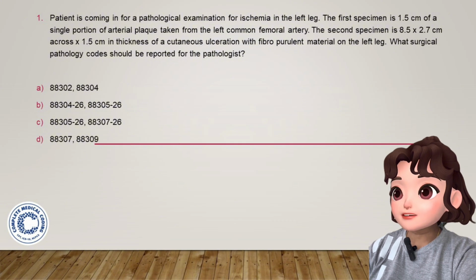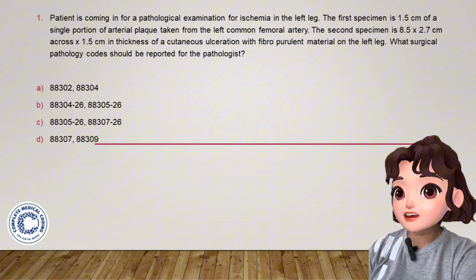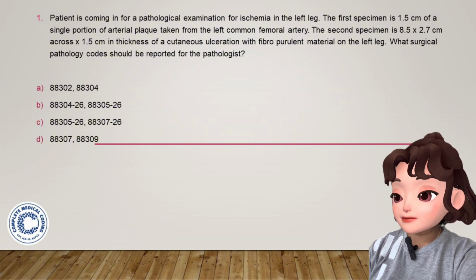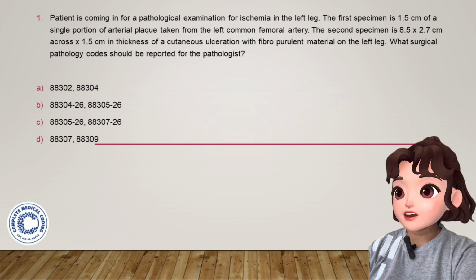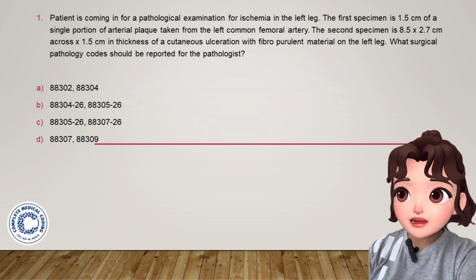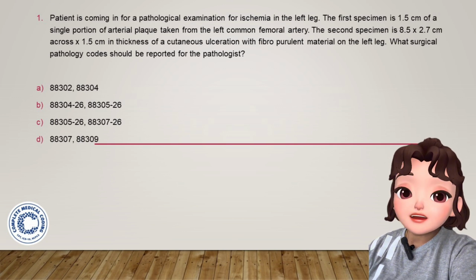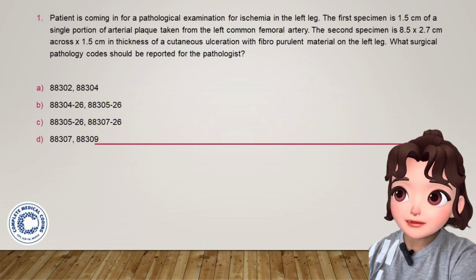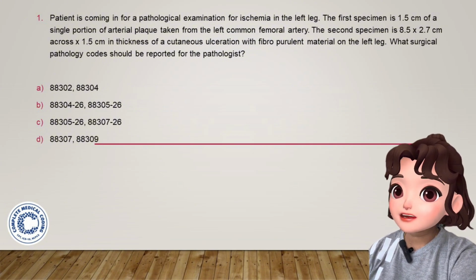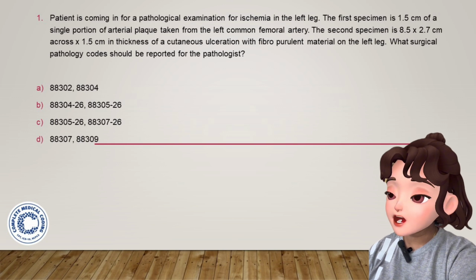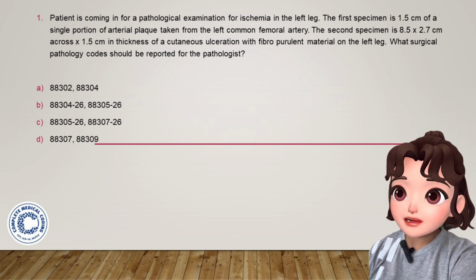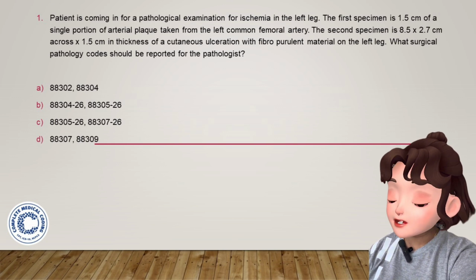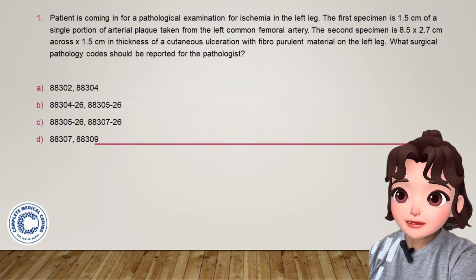Okay, so this is something which is related to surgical pathology. So just open the CPT code book and take surgical pathology. In that you will get a few codes starting with 88: 88300, 88302, like that it goes on.